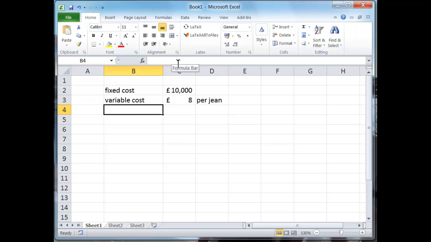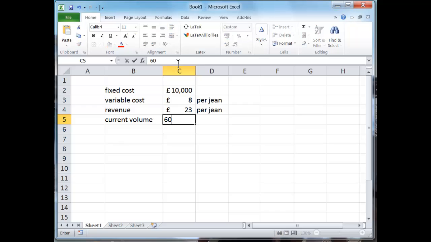Then what else do we need? What else do we have? Well, we know that the revenue for selling one jean is £23. What else do we know? The current volume is 600 jeans.